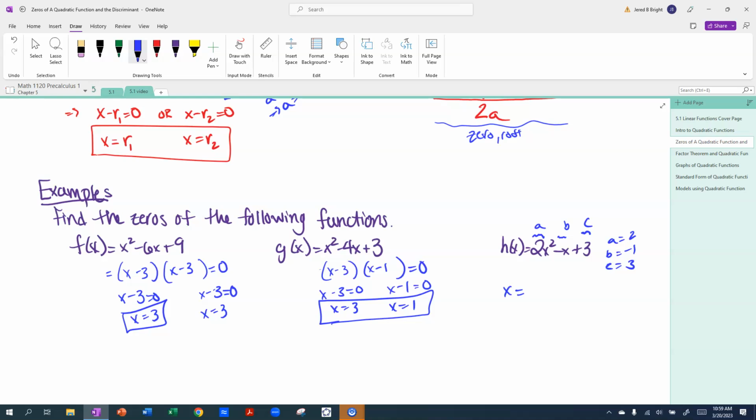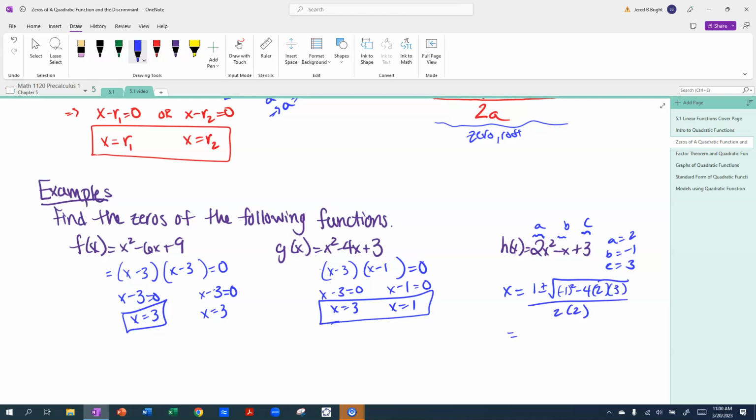Okay, and then go ahead and use the quadratic formula. X is equal to negative B, so negative of a negative 1, plus or minus the square root of B squared, so this would be negative 1 squared minus 4 times A, 2, times C, 3, all over 2A.